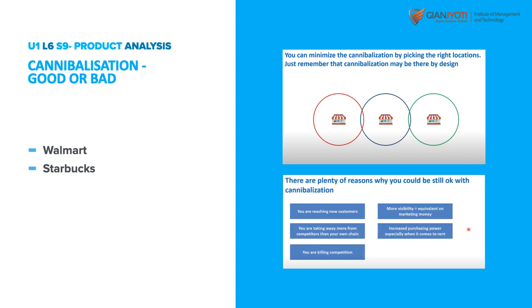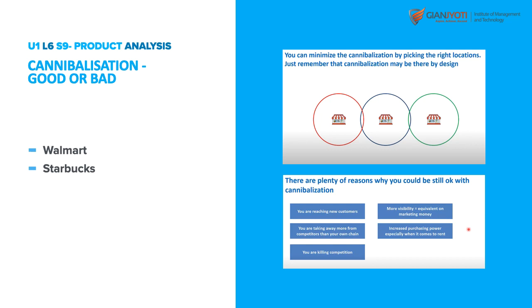So what are the benefits? You are reaching new customers, maybe in smaller size, but definitely yes. The visibility is more with the same marketing money. You are taking away more from the competitors than your own chain. Although you are eating your own market share, you are also taking away competitors' share to some extent.